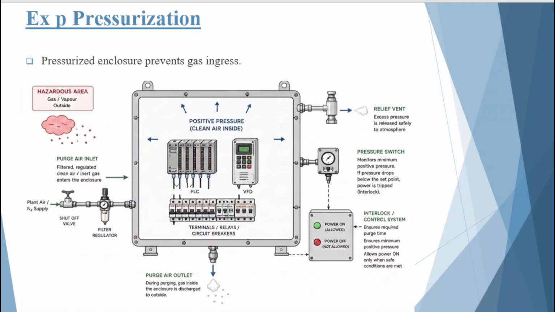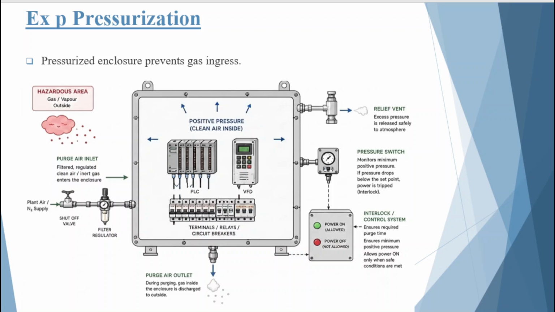The next explosion protection technique is XP, pressurization. Unlike the protection methods we've discussed so far, XP does not rely on containing an explosion or limiting electrical energy. Instead, it prevents a hazardous atmosphere from entering the enclosure in the first place.